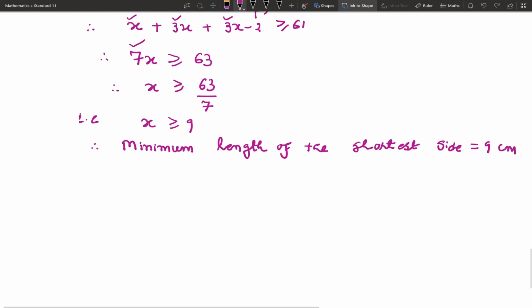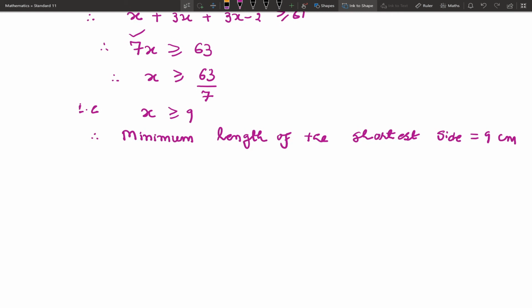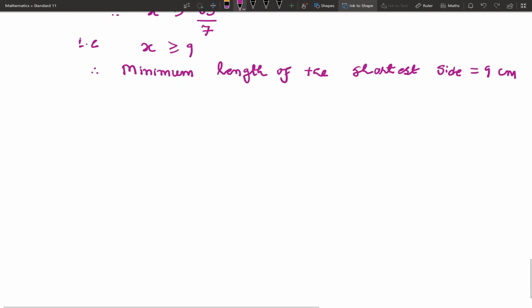Now a hint for the solution of the fifth one. Solution 5.